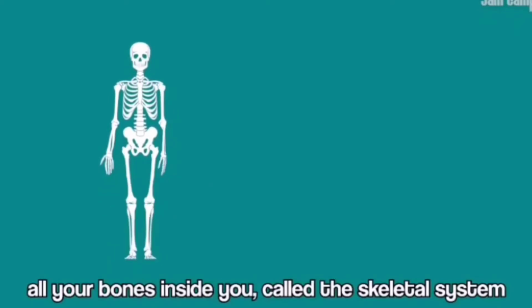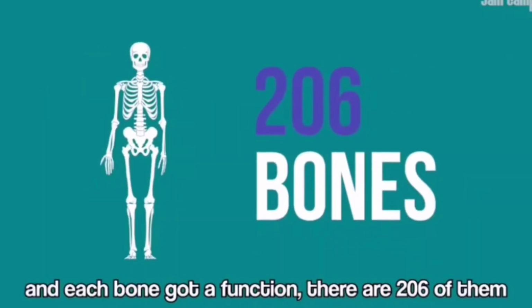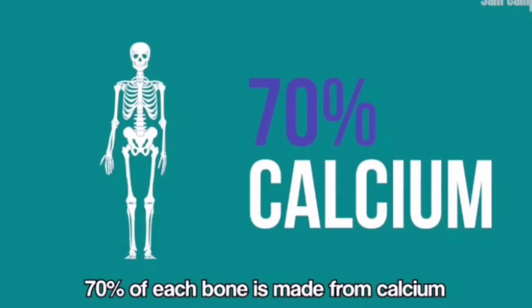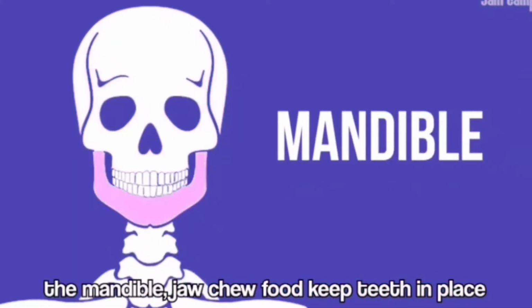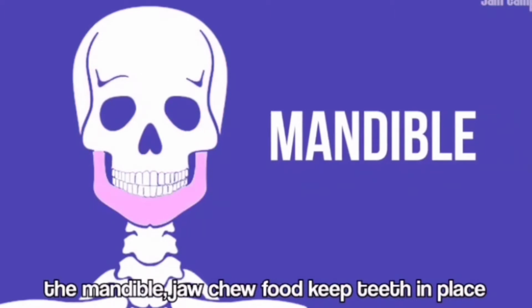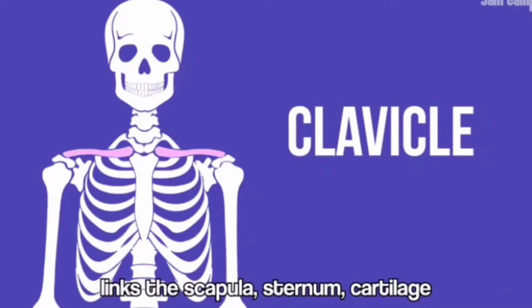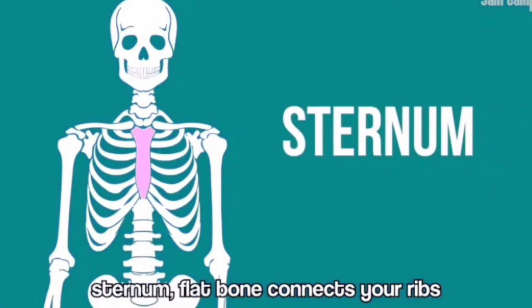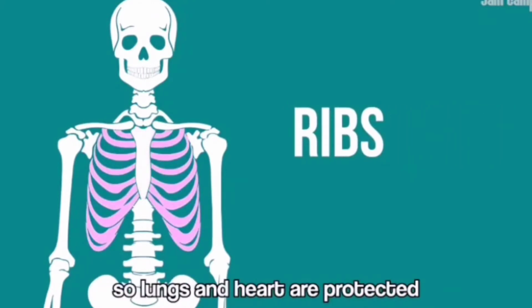All your bones inside you call the skeletal system, giving you strength and structure so that you won't flop around. And each bone has a function, there are 206 of them. 70% of each bone is made from calcium. The cranium protects the brain, the mandible, jaw, keeps teeth in place, the clavicle, the collarbone, there are two of them, linked to the scapula, sternum, cartilage, your heart protected. The sternum connects your ribs, so lungs and heart are protected.